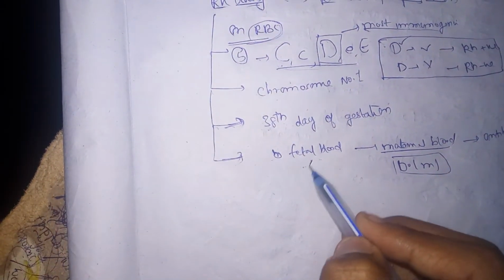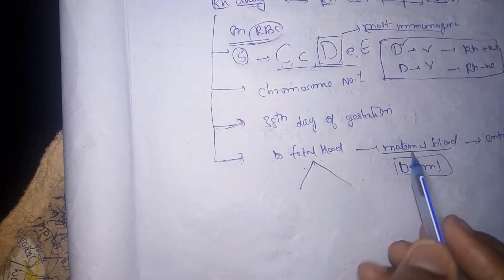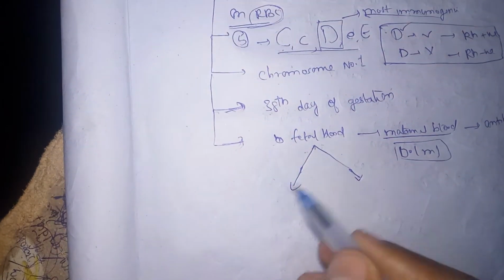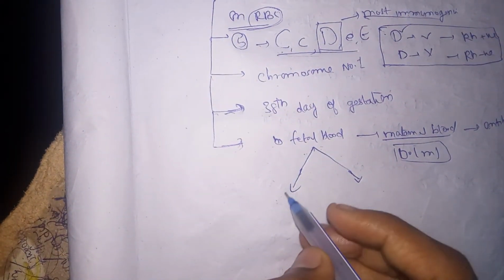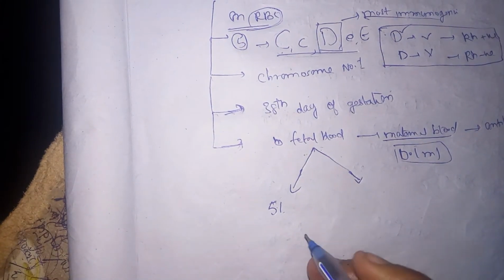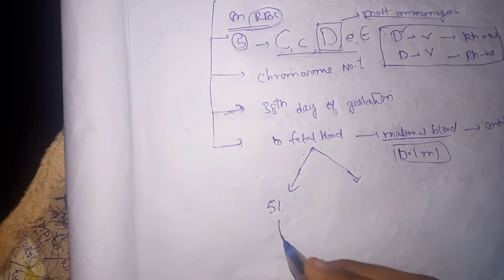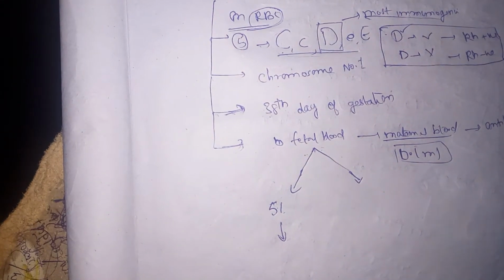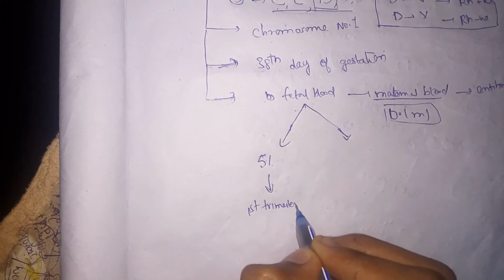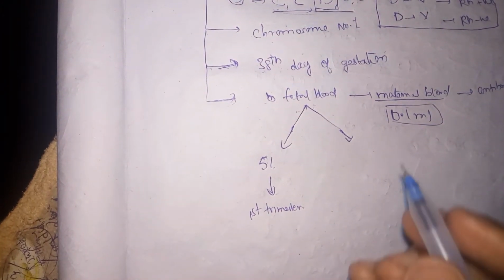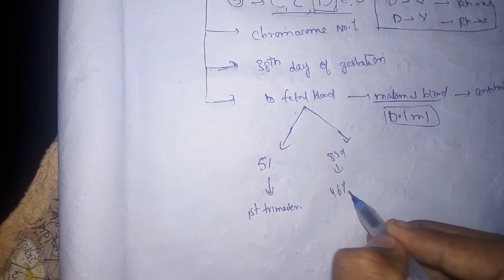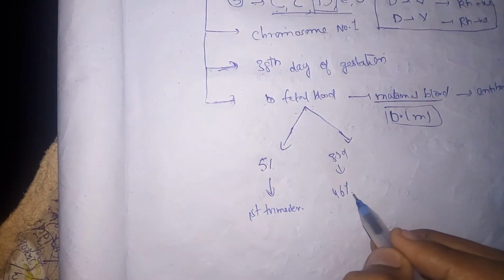The transmission of fetal blood to maternal blood is seen in 5% of cases during the first trimester, and during the third trimester it is seen in 46% of cases.